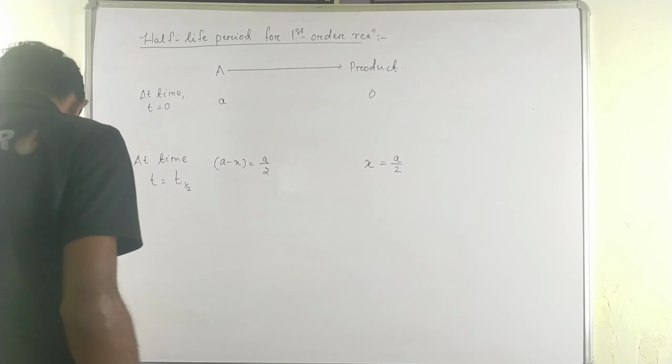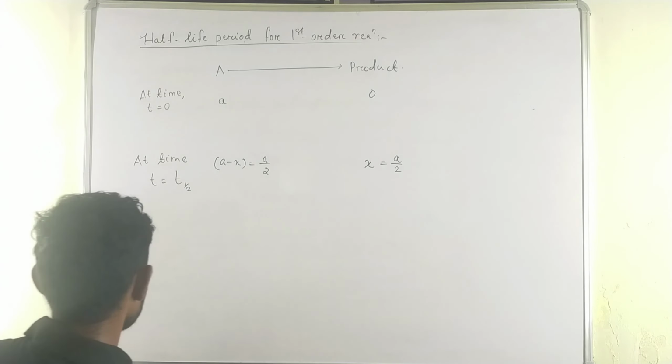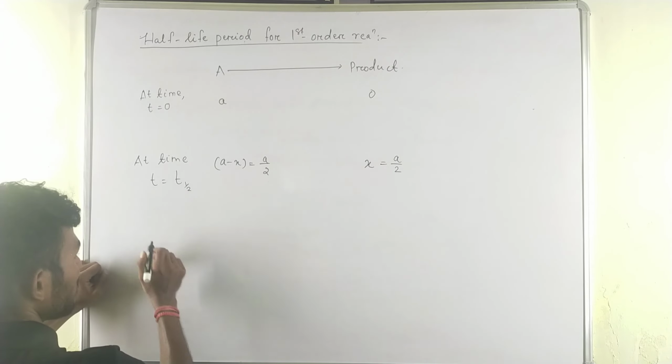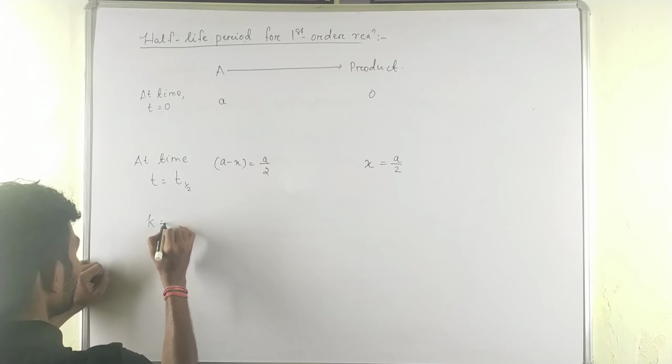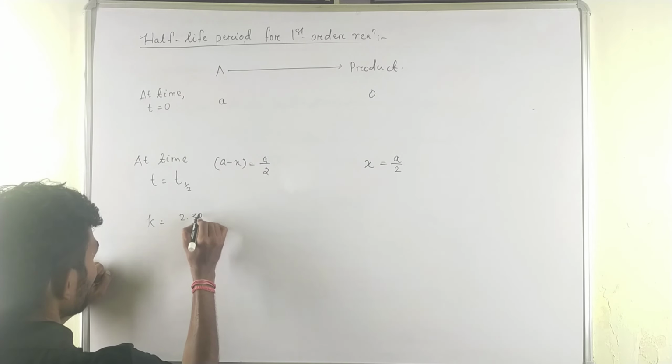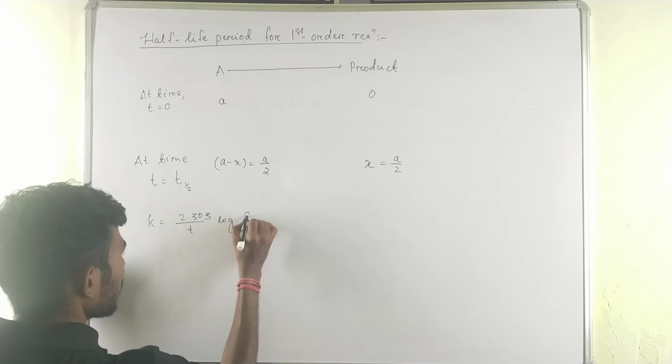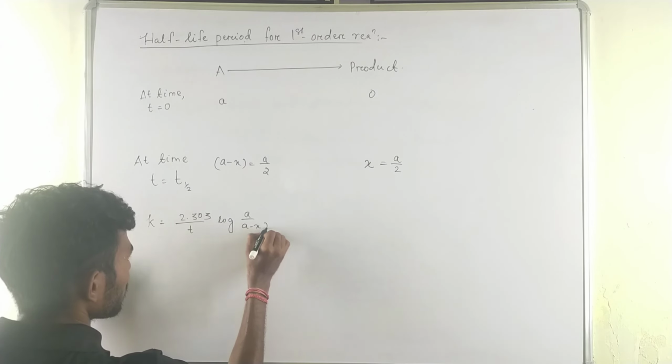So now, according to first order kinetics, k equal to 2.303 by t log a by a minus x.